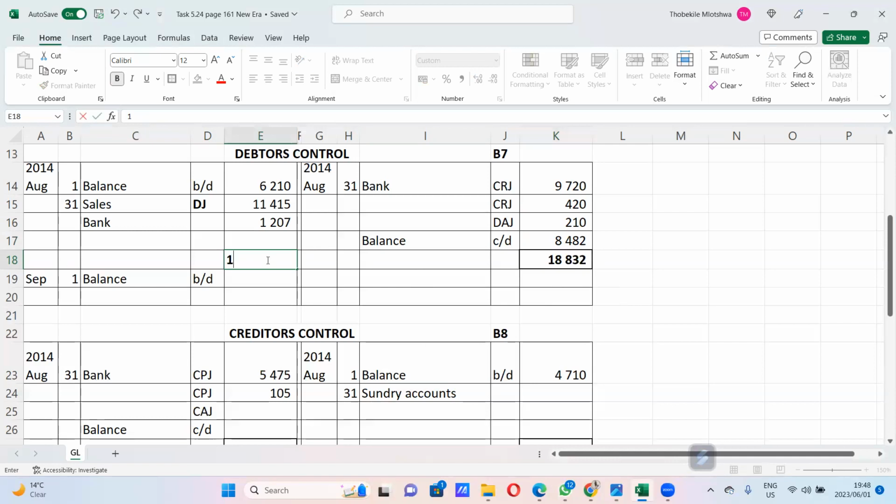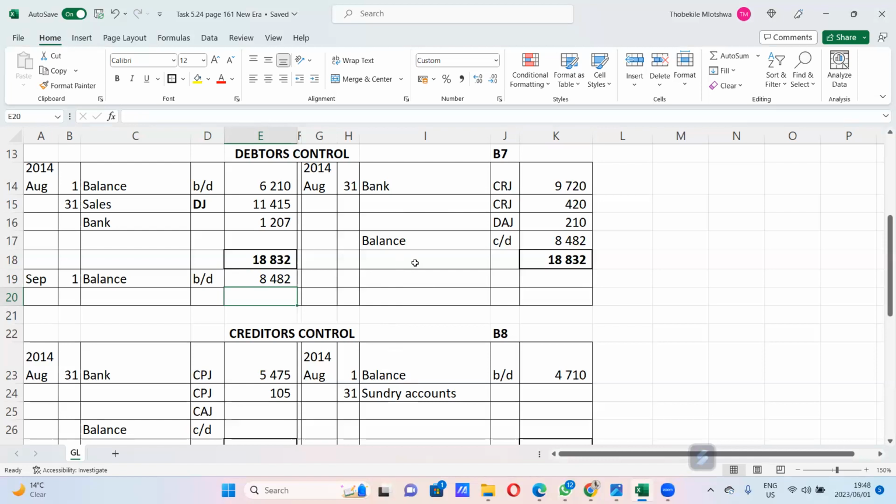This one, 18,832. And of course, this one will be the same as this one, as always. 8,482. Because I don't want to test you on numbers yet. Although you know that if you've got sales, you use the markup to get cost of sales. If you've got cost of sales, you use the markup to get sales. Otherwise, the rest is fine.